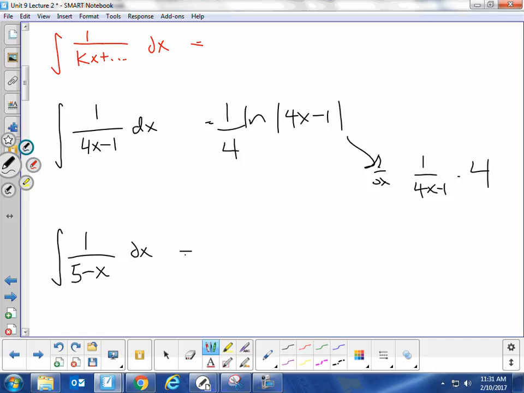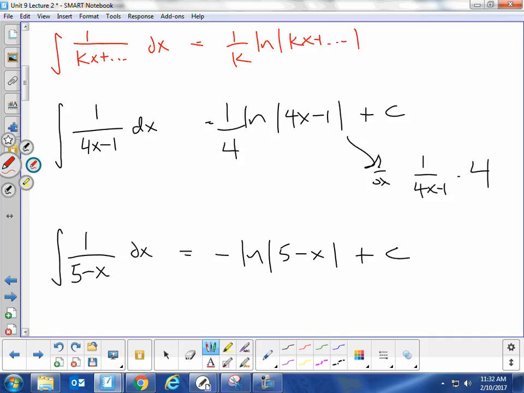Which means for this guy, it's not just log absolute 5 minus x. It's negative log absolute 5 minus x. Which means if I want to take the antiderivative of something like this, I can always say it's 1 over k, log absolute, kx plus whatever.